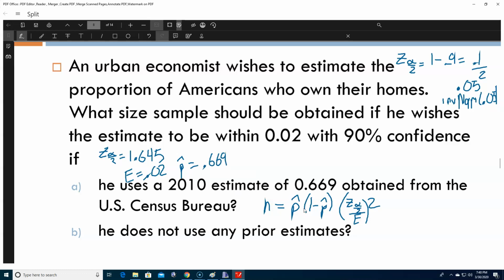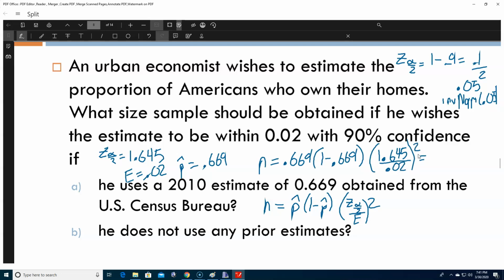So when we plug that all into this formula, we'll get n is equal to 0.669 times 1 minus 0.669 times 1.645 divided by 0.02 squared.